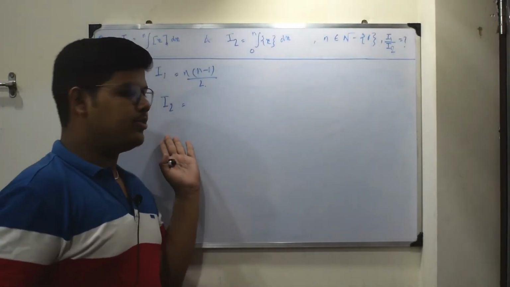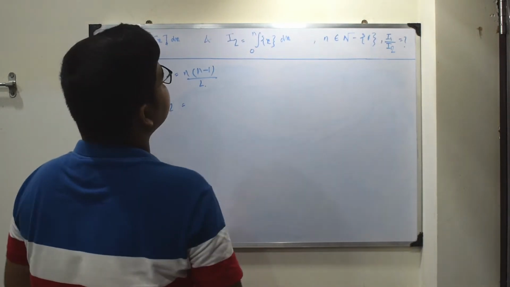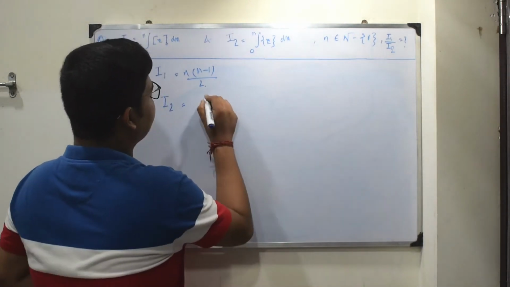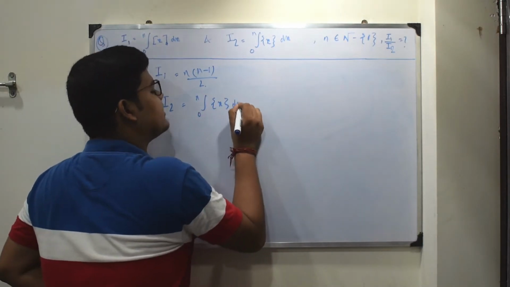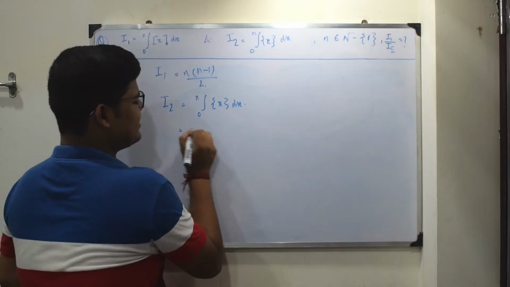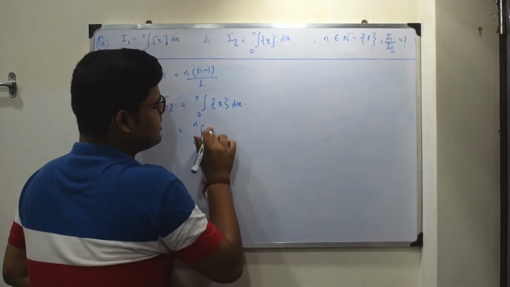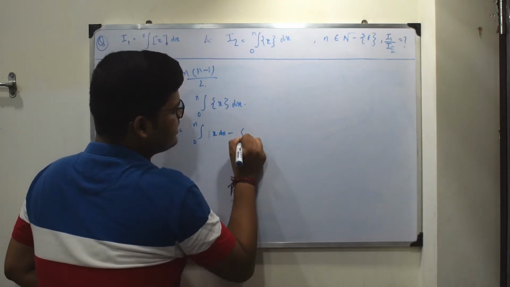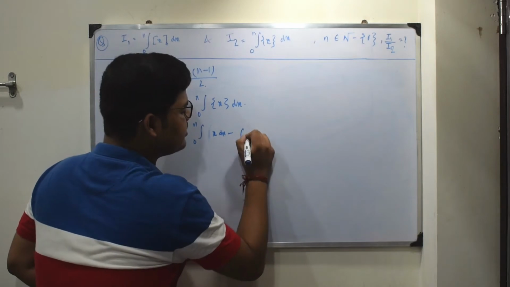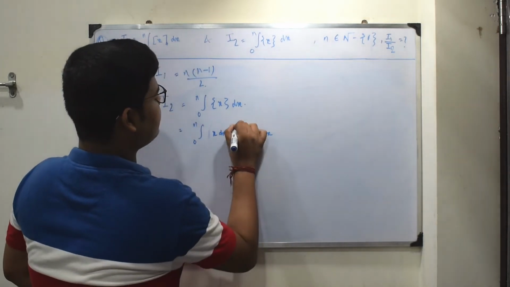Next, go and find the I2. Talk about I2. I2 is given as integration of 0 to n of the fractional part of x dx. Let me split this as integration of x dx minus integration of the greatest integer function of x dx from 0 to n.